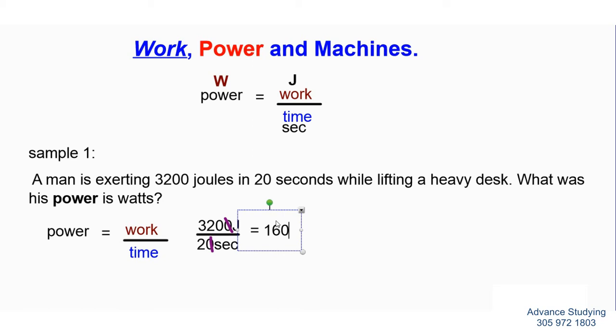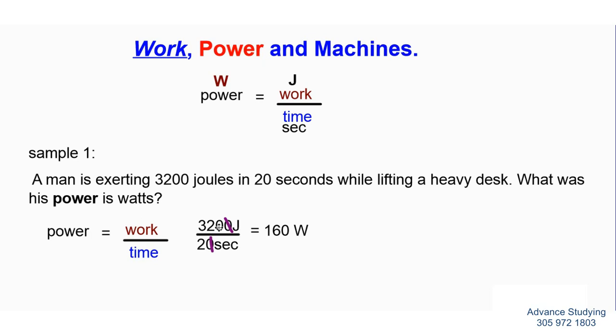What is that? Watts. Just W should be sufficient. Okay, so exerting 3,200 joules in 20 seconds will give me 160 watts of power. Now, the work that I do doesn't really make a difference in the power, but it is the time that it takes me to get it done.